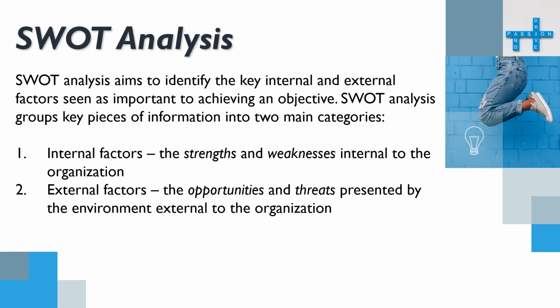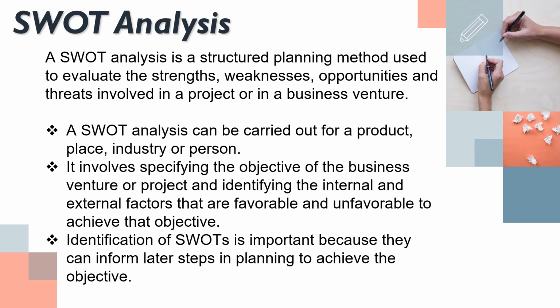All right, again, SWOT analysis, right? Strengths and weaknesses are internal factors of the organization. Opportunities and threats are presented by the environments that we've already talked about. Again, a SWOT analysis can be carried out for a product or a place or an industry or a person. Here, we're doing it for a business.